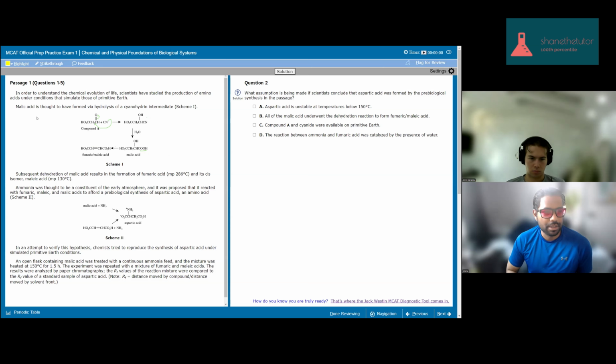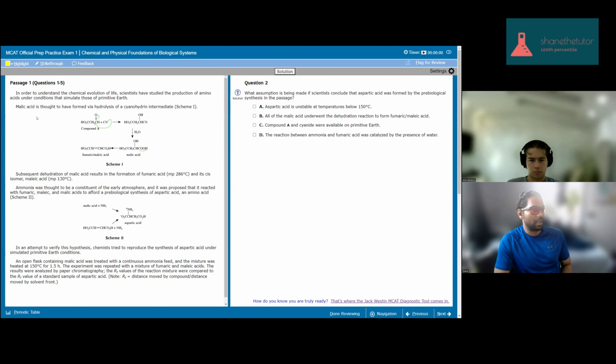Ammonia was thought to be a constituent of the early atmosphere, and it was proposed that it reacted with fumaric, maleic and malic acids to afford a pre-biological synthesis of aspartic acid, an amino acid. Oh, I see.